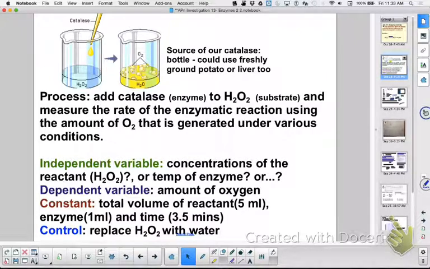We'll keep things the same. Your substrate, if we vary that here in this lab, we could have a 3% solution, a 2%, a 1%, a 1.5%, but either way, the initial volume is always going to be the same, and that's going to be 5 mils of substrate. The amount of enzyme we use, regardless of its temperature or concentration, will always be how much enzyme?